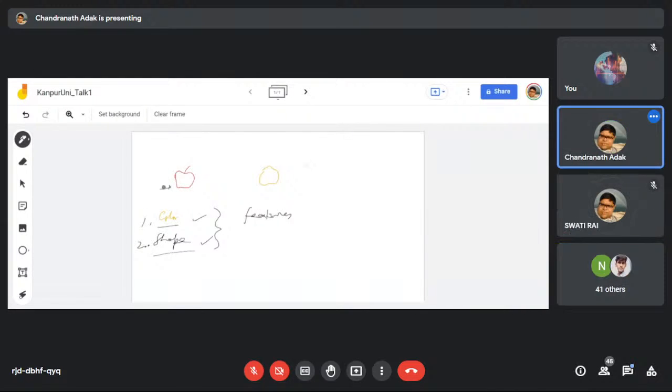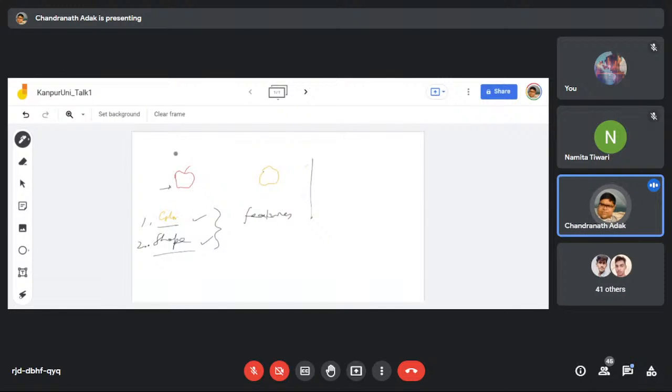But it may so happen that you need to look at multiple apples, multiple oranges. So I will take multiple samples. Here I am given only one sample, but I have to take multiple samples. Our brain will look at multiple samples.